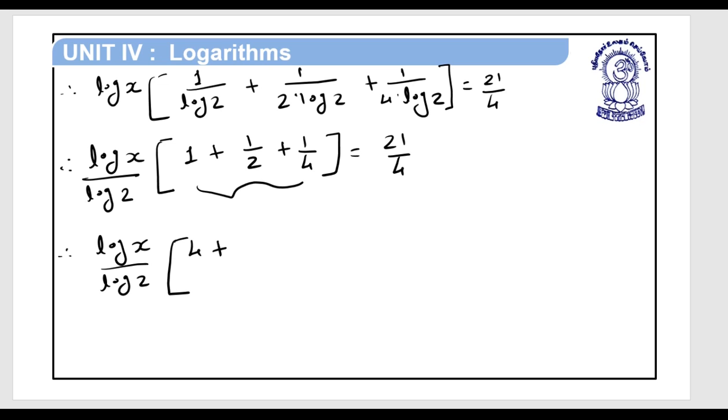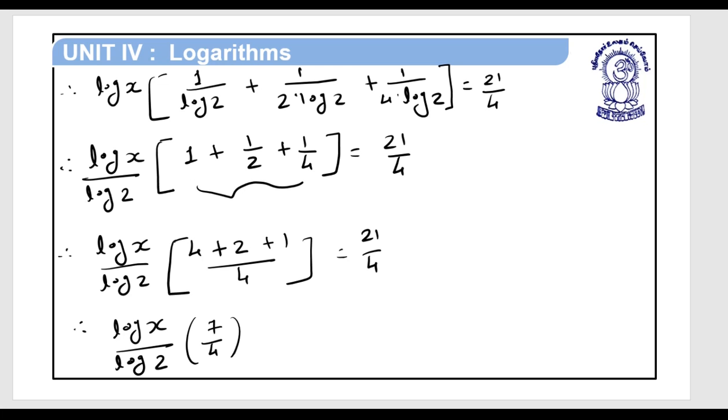4 plus 2, 2 ones are 2, plus 1 upon 4, 21 by 4. So log x upon log 2, 4 plus 2, 6 plus 1, 7 by 4 is equal to 21 by 4. So log x upon log 2 is equal to 21 by 4 into 4 by 7. 4 cancel, 7 3s are 21.